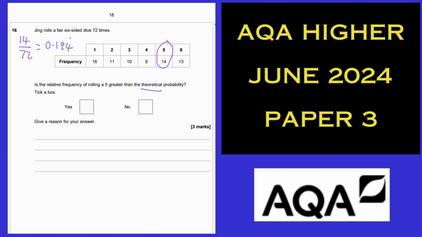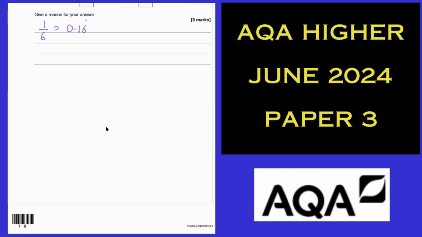The theoretical probability, if it's a fair dice, is 1 out of 6. That's 0.16 recurring, which as you can see is less. So is the relative frequency greater? Those numbers on your page are needed, along with the ticking of yes for your 3 marks.